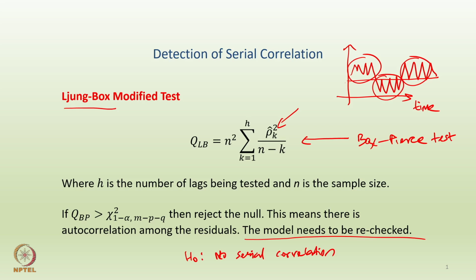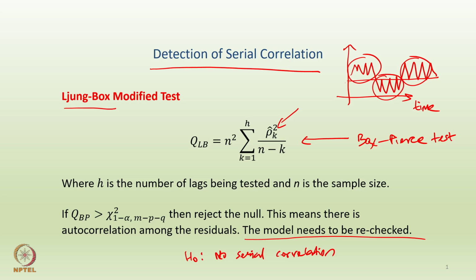Okay. Now again, before we proceed to the last item in diagnostic checking, I will just quickly remind you of the fact that we are doing all these procedures, for example serial correlation, checking for normality, checking for independence, or the last thing we will do, checking for constant variance, right. All these ideas are implemented on the residuals of the model and not the actual time series process.